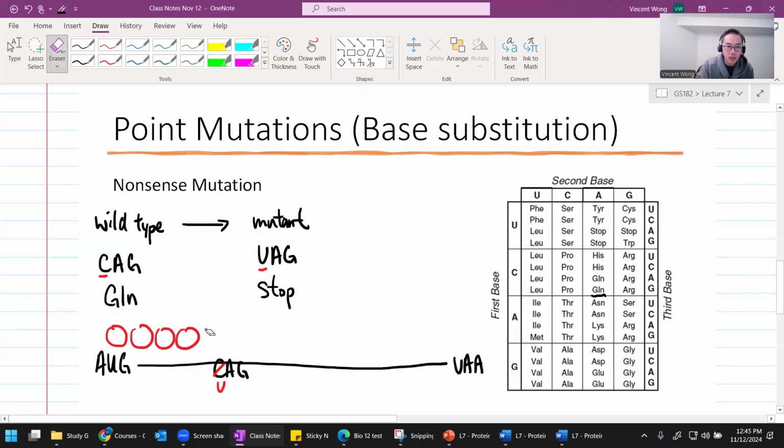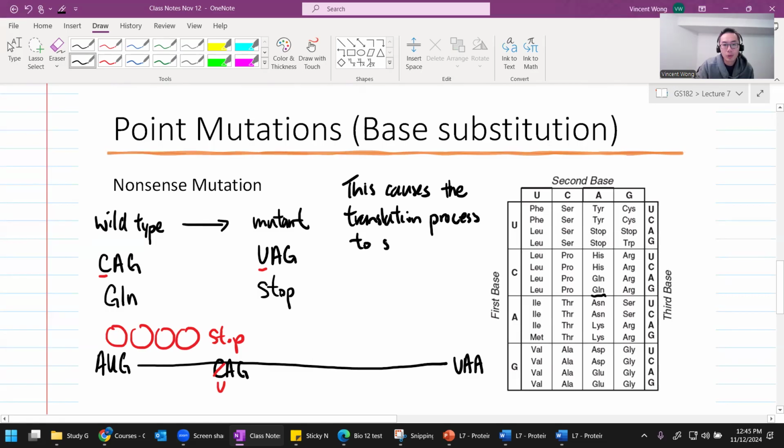Instead of having GLN next, you're gonna stop, right? So what happens? This causes the translation process to stop prematurely.